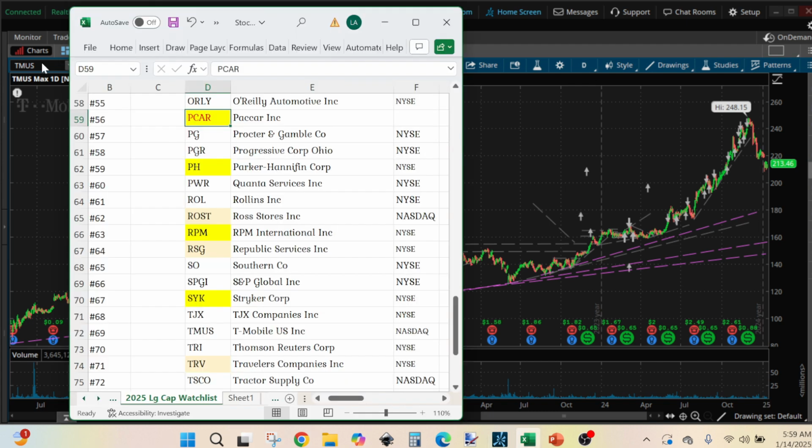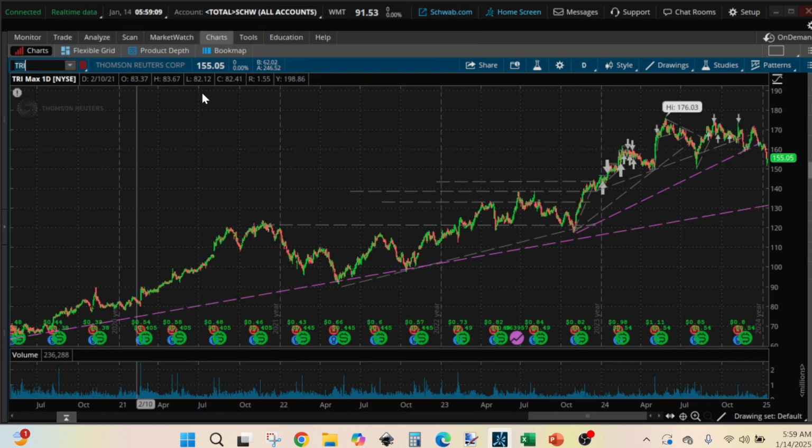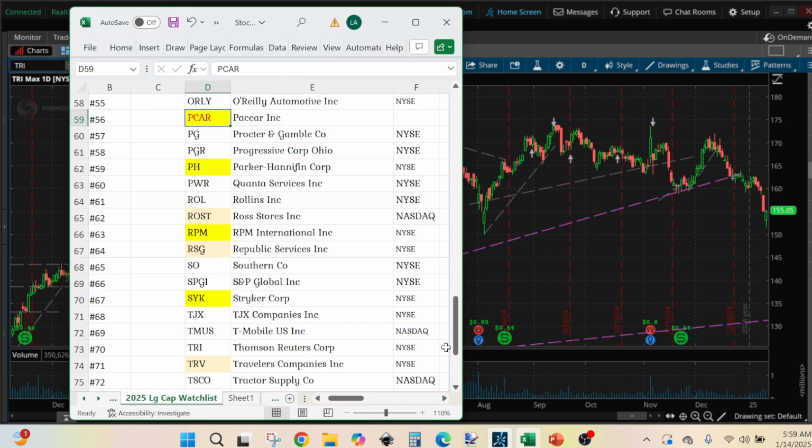So TRY, we have this trend line that ended and it seems to be going down. So we'll just think maybe it's going to this one. So the next one is TRV, and we purchased TRV this year at this trend line, and you can see it then pulled back to a lower low compared to that one.